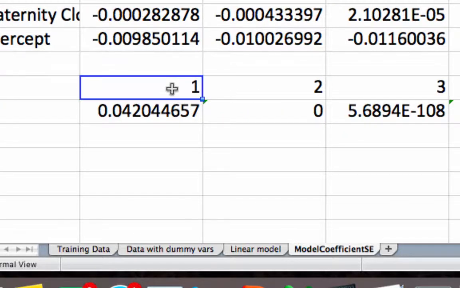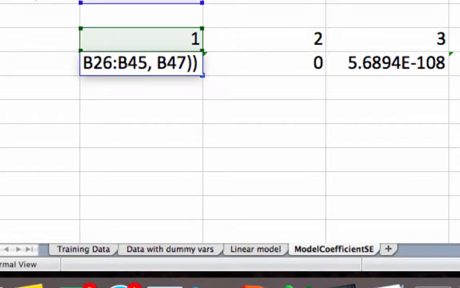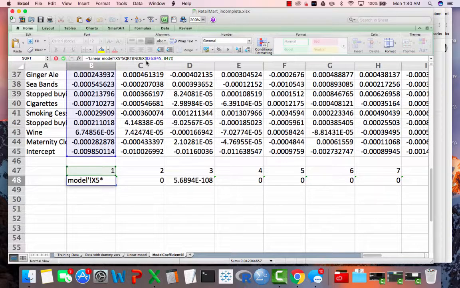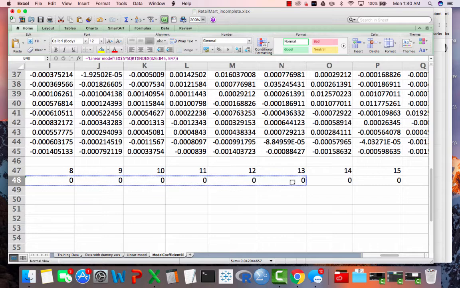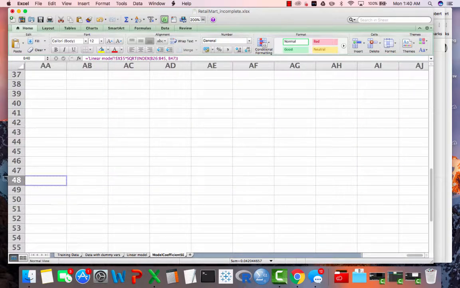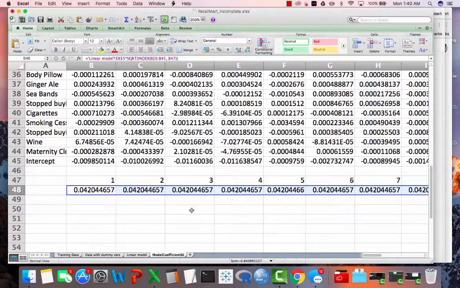So back over here on the model coefficients tab, I have to take x5 and put some dollar signs here, and then I should be able to send this across. All right. And so that's the mistake from before.